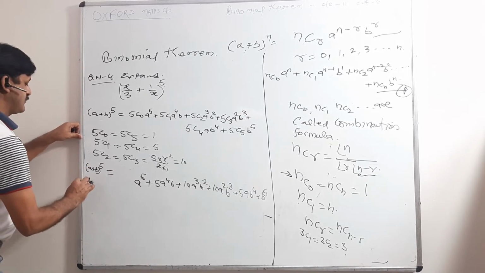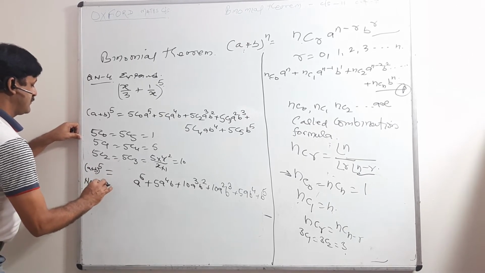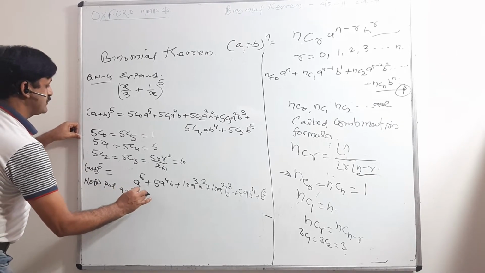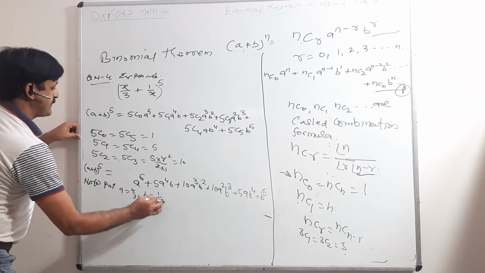Now put a is equal to x upon 3 and b is equal to 1 upon x.